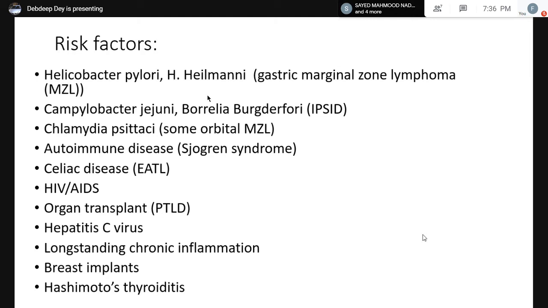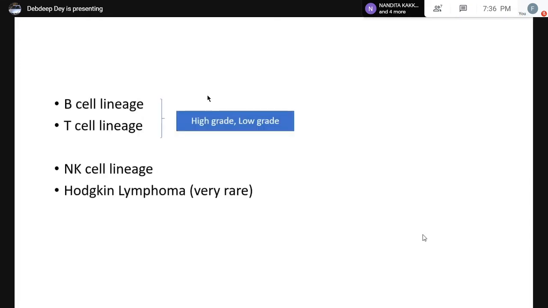HIV/AIDS, organ transplant, which can result in a post-transplant lymphoproliferative disease, hepatitis C virus, long-standing chronic inflammation, breast implants, and Hashimoto's thyroiditis. So this is a very long list of risk factors associated with marginal zone lymphoma.